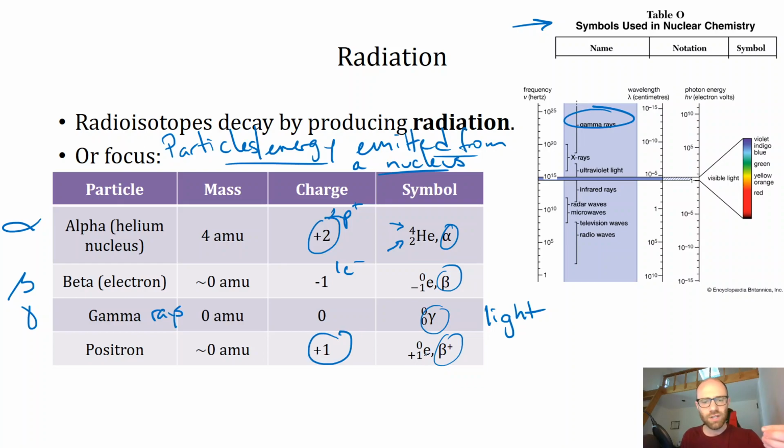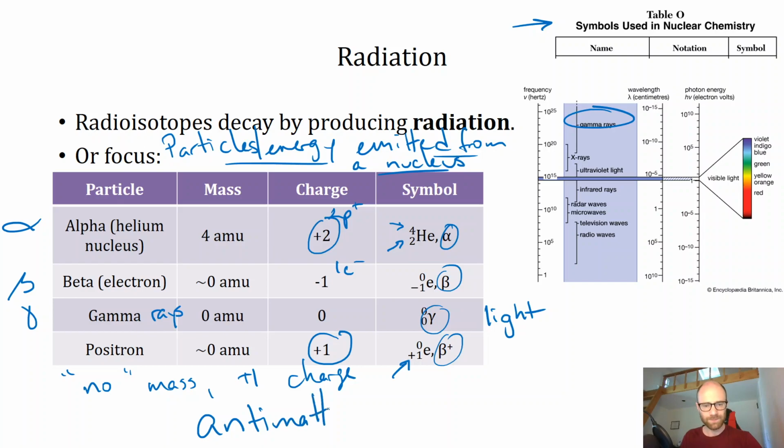A positron is a particle with no mass and a +1 charge. If I didn't know better, I would say that that was an electron, except for the fact that it's positive. A positron is an example of what we call antimatter.